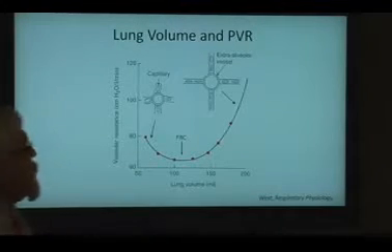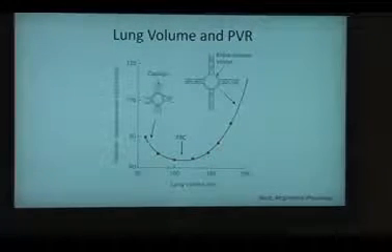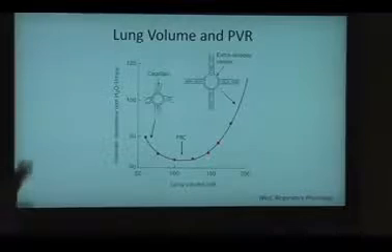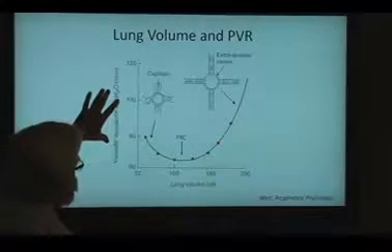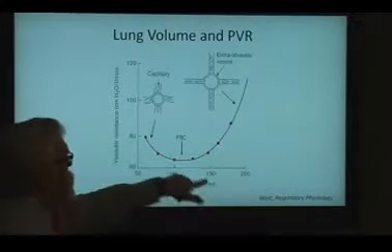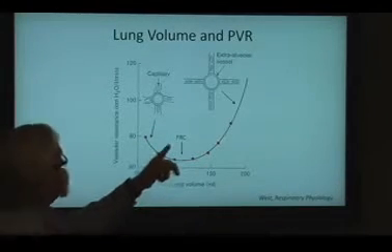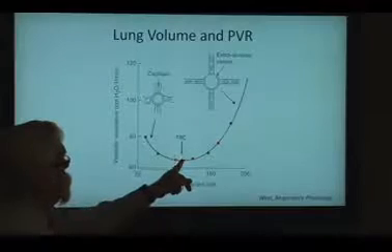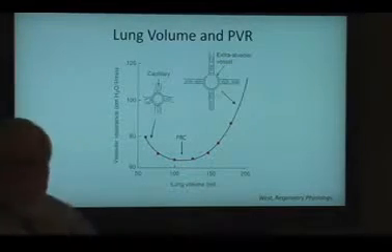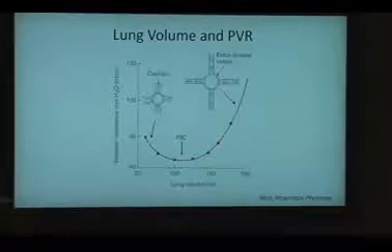Now, what about the effect of lung volume on pulmonary vascular resistance? Here we're looking at pulmonary vascular resistance as a function of lung volume. You can see that the lowest pulmonary vascular resistance corresponds to a normal functional residual capacity.